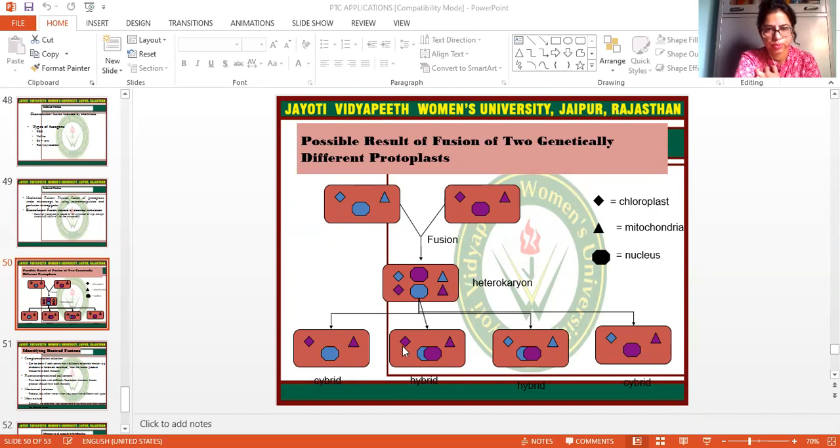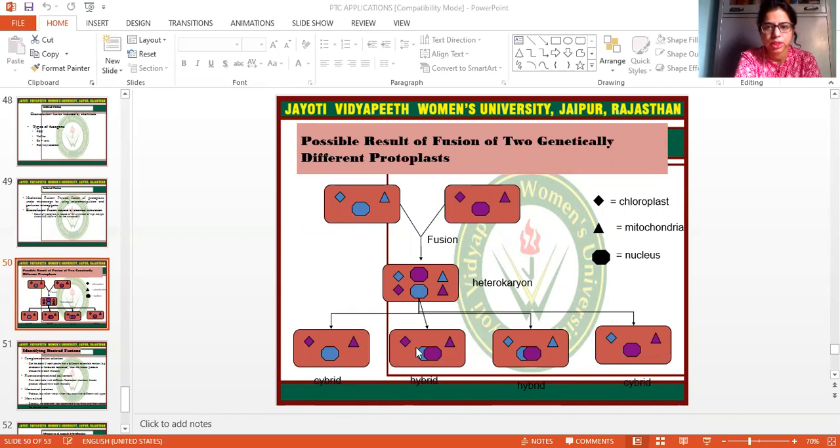There are two possibilities when they are fusing. If both nuclei fuse, it is a hybrid. It does not matter which species' chloroplasts and mitochondria are present. Basically, the hybrid concept depends on the fusion of the nucleus, or the contribution of both parents in nucleus formation.